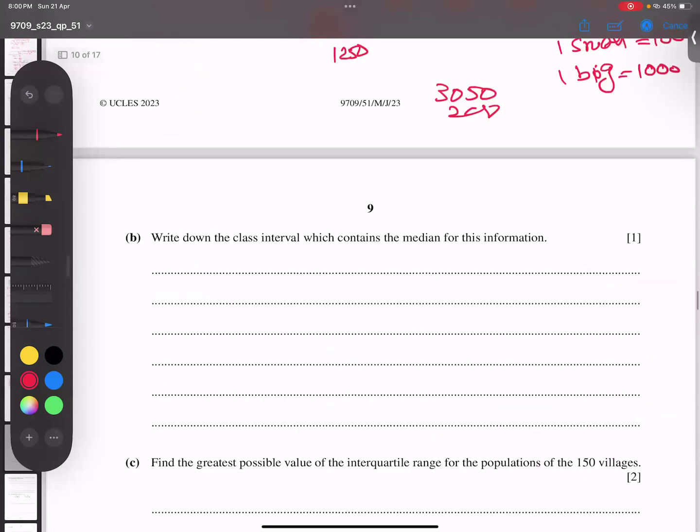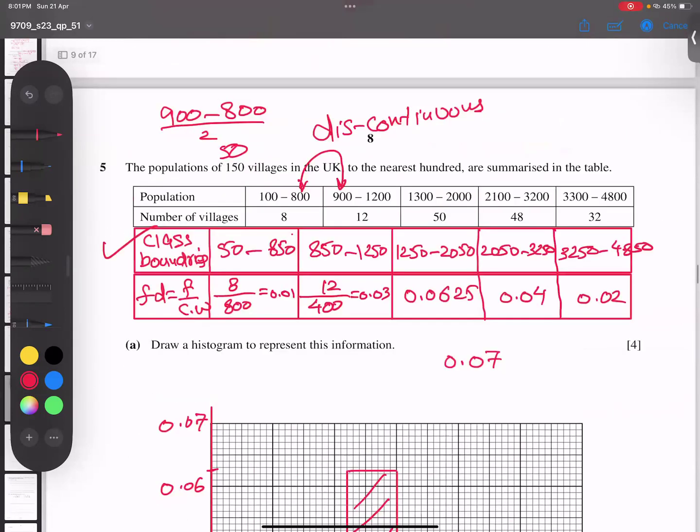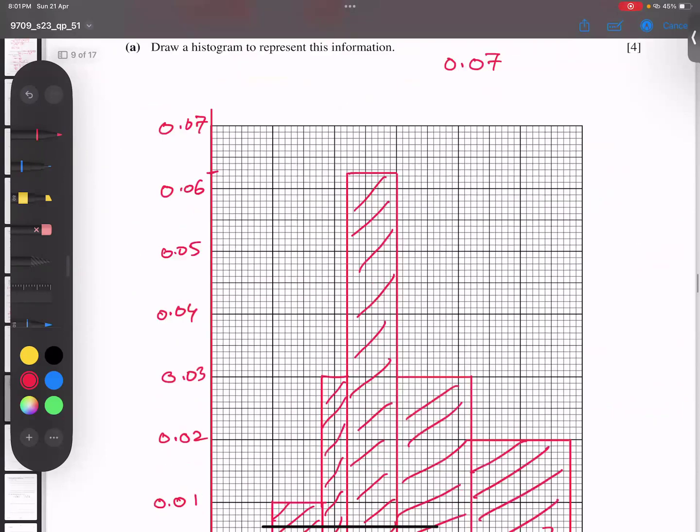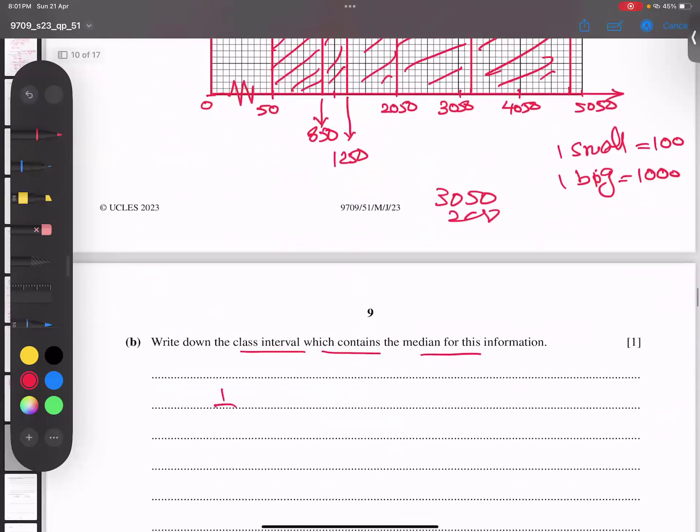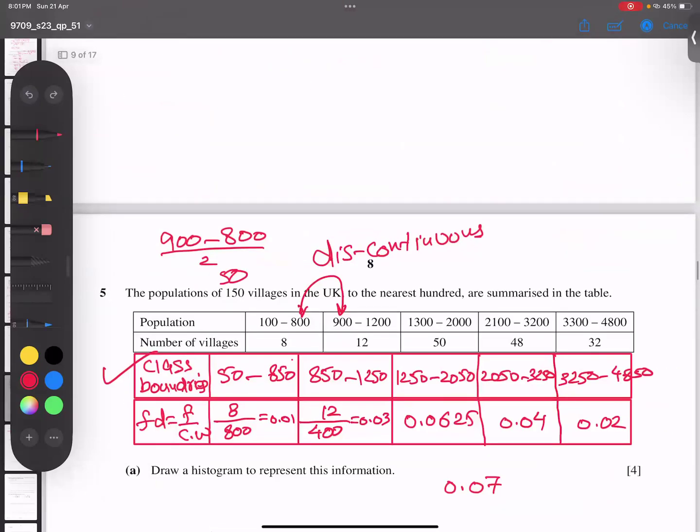Let's discuss. Write down the class interval which contains the median of this information. So class interval of the median. Okay, let's go for the median formula. Half into the total value, 150. What is half of 150? I got 75. Normally we have n plus 1, but here there is no need for n plus 1. 75: where is 75 coming in the frequency?